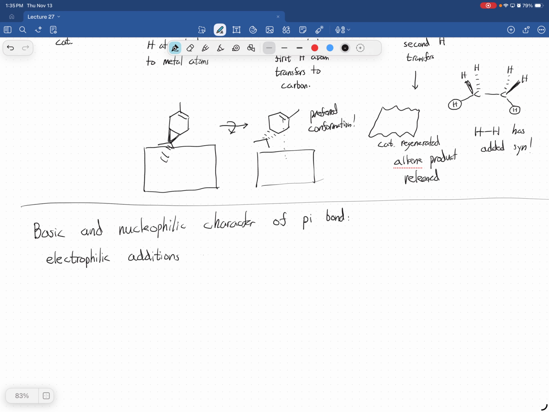Oh, sorry. Erase that S. My verbiage is getting mixed up. Okay, so let's just draw our generic alkene here.